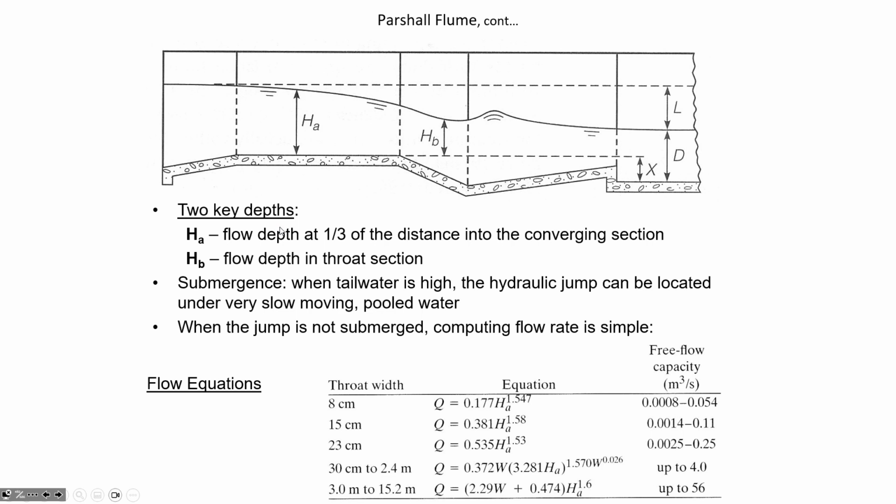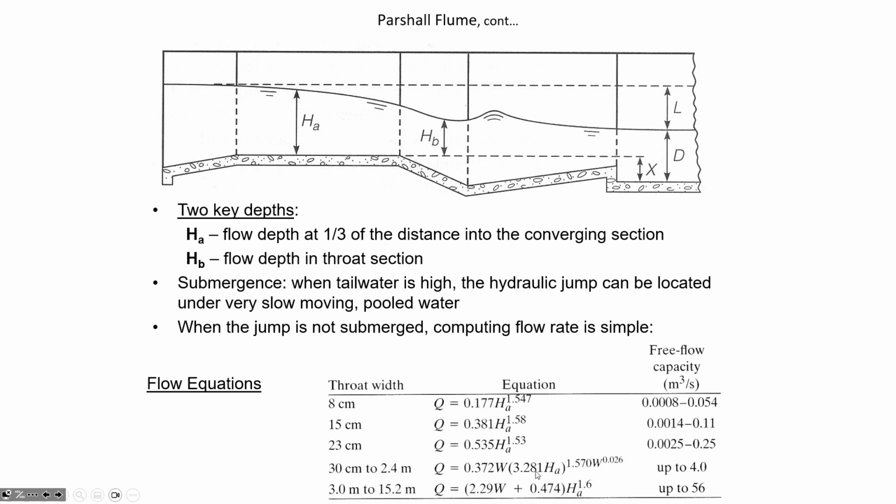A correction factor has to be applied if it is. If it's not, you just use this equation directly, but if the hydraulic jump is submerged, you subtract out some flow to account for the inefficiency of the submerged hydraulic jump.